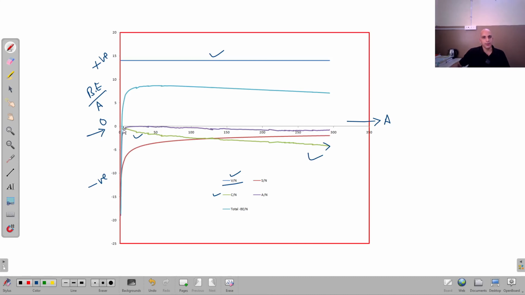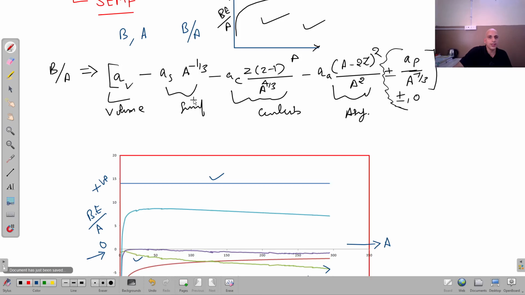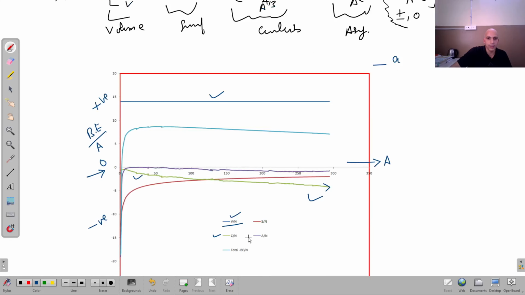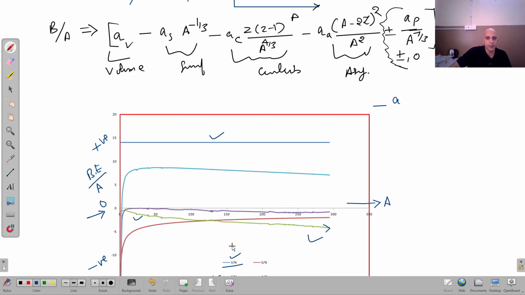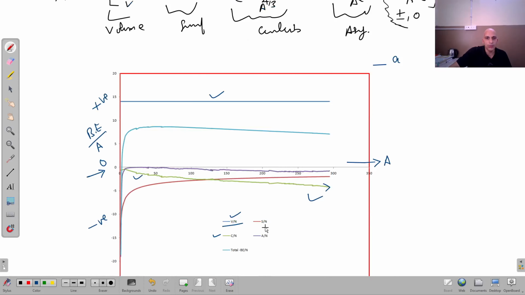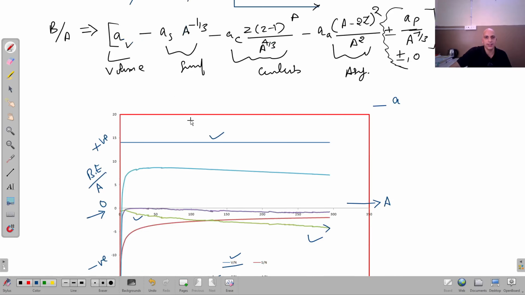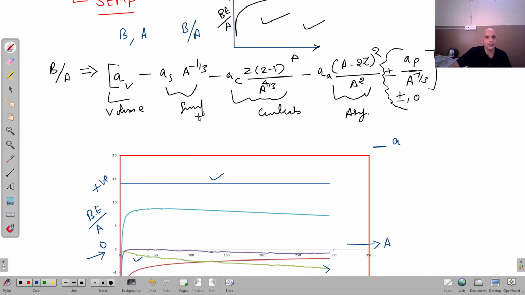It will start from here and it will slightly increase in the negative direction as the value of A increases. Actually, sorry, I called it wrongly. This is the Coulomb energy, but the second term is the surface energy. So first of all, let's talk about the surface energy.